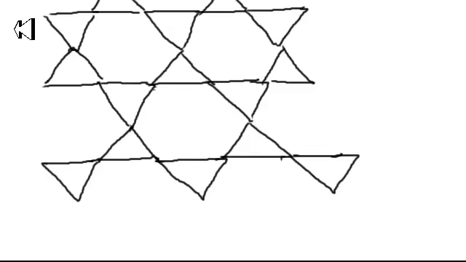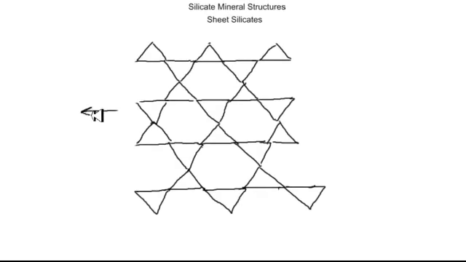The chain silicates had the linkage between the silica tetrahedra just in one direction or one dimension, but in the sheet silicates, the structure keeps building in 2 directions or dimensions in the mineral.